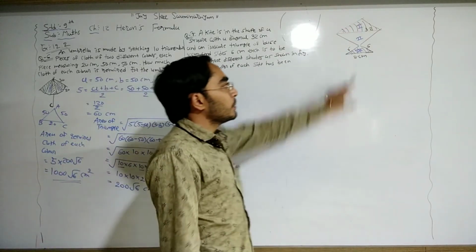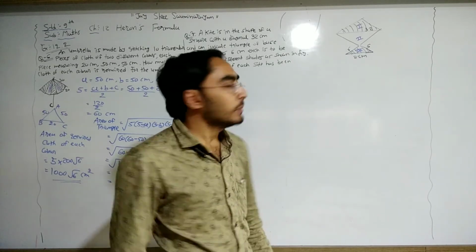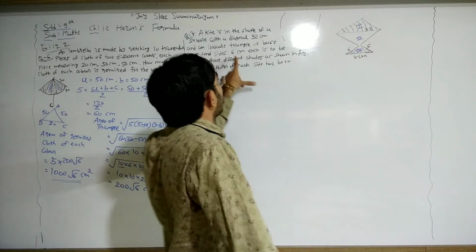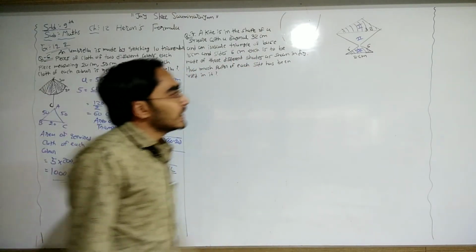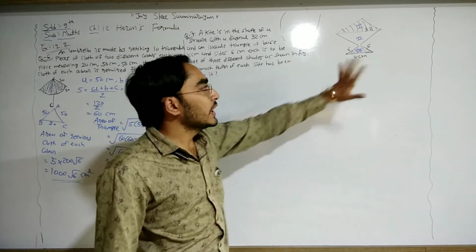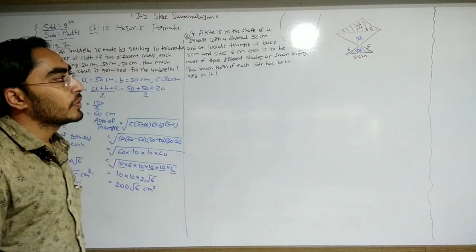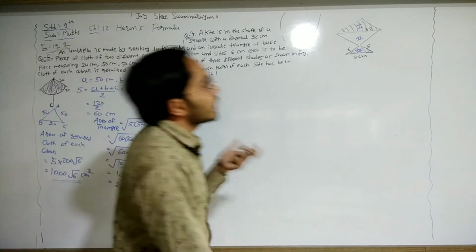In the third part, the base is 8 centimeter. This is an isosceles triangle, so 2 sides are the same, both 6 centimeter each. So in the third part, we have 3 sides 6, 6, 8. By using Heron's formula, we can find the area of the triangle, that means the third part.